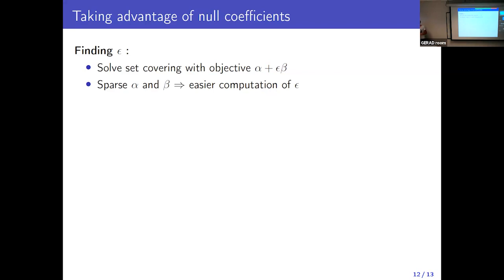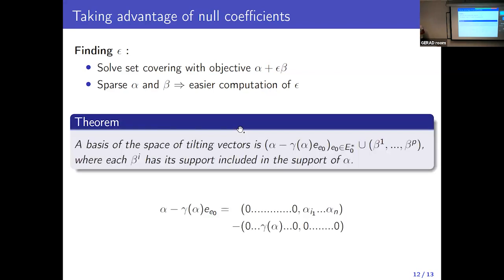And what we were able to show is that actually there is: when you consider all of the tilting vectors for an inequality, you have two subfamilies, I would say. There are the tilting vectors that do have their support included in the one of alpha. And there are only a few other ones, actually, and they have a very specific form.